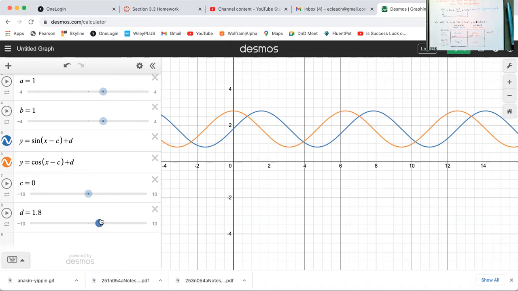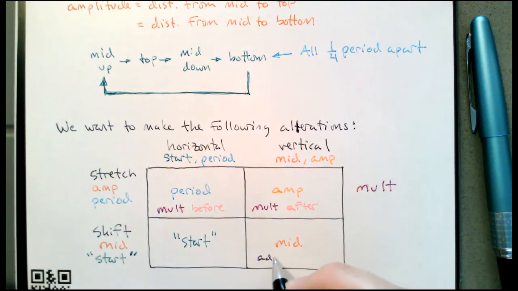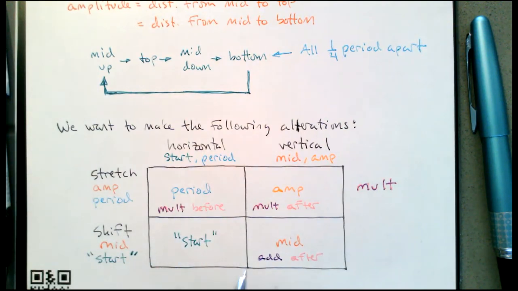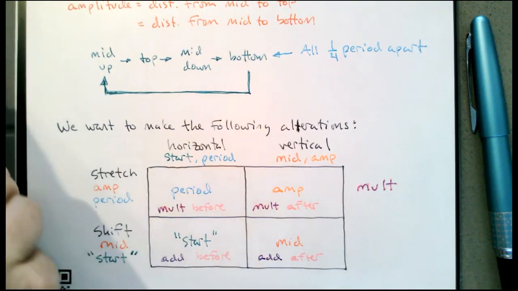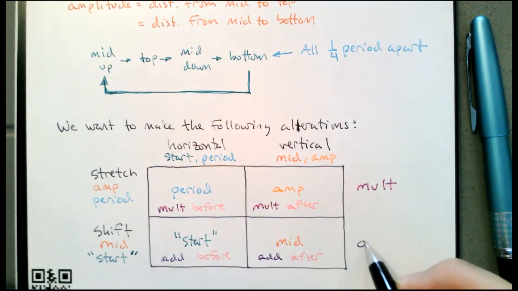So we go back to our chart. Adjusting the middle is when we performed addition after the trig function. And when we adjusted the start, when we shifted horizontally, we were doing addition before. So what the shifts have in common is the operation of addition.